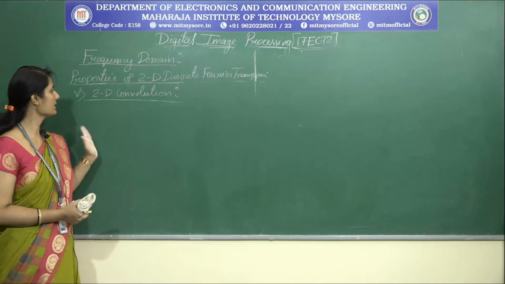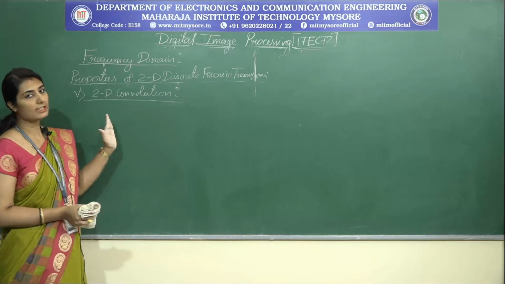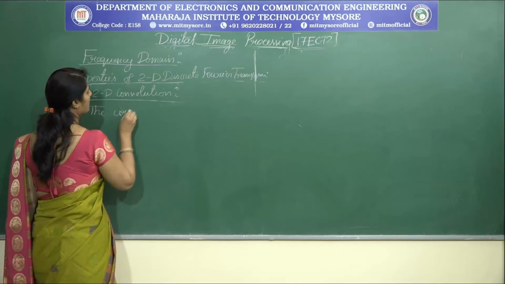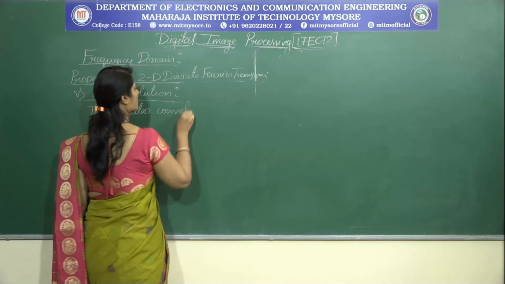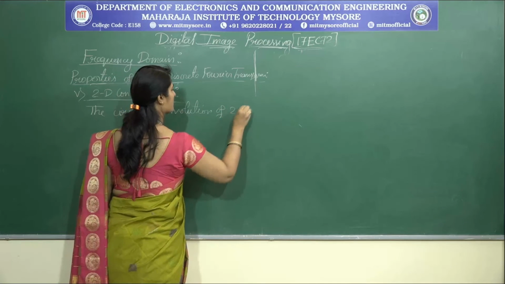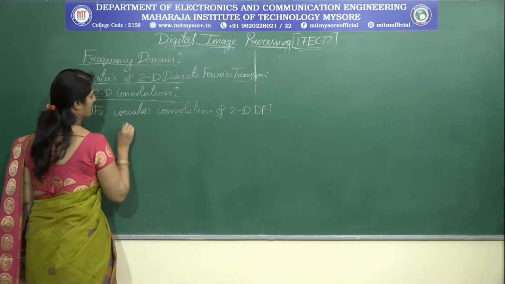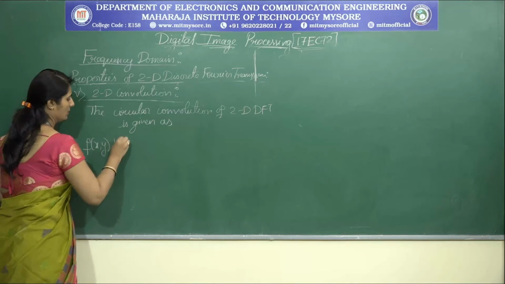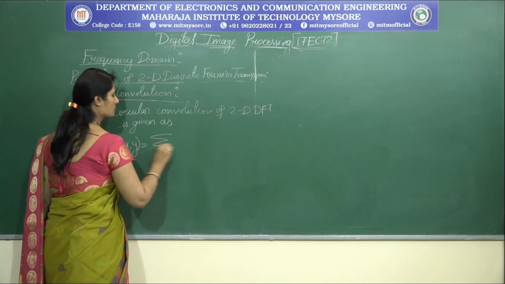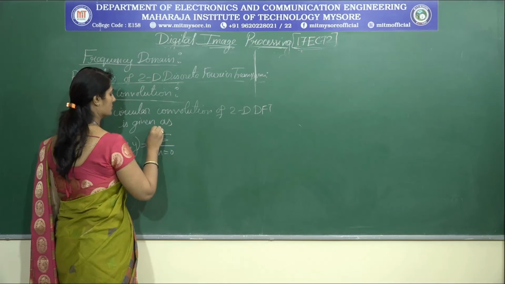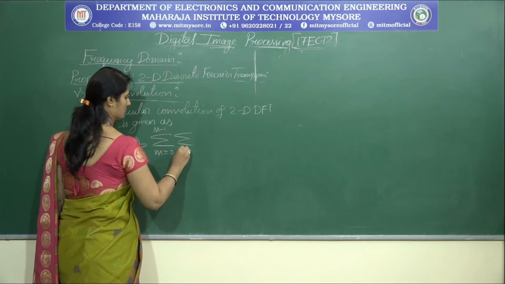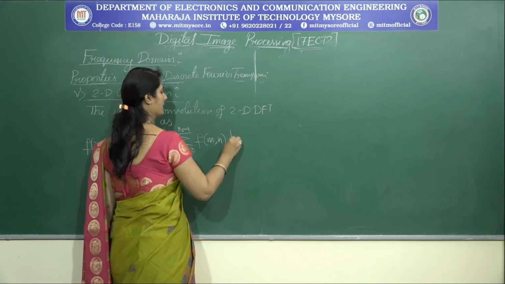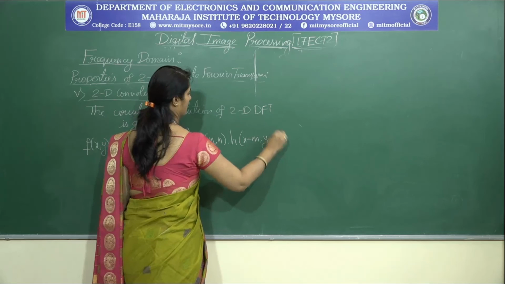Next, the last property is two-dimensional convolution. The circular convolution of the two-dimensional discrete Fourier transform is given as h of x comma y, which is equal to summation m equals 0 to m minus 1, summation n equals 0 to n minus 1, f of m comma n and h of x minus m and y minus n.